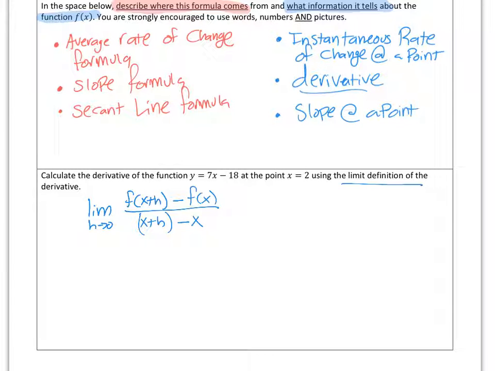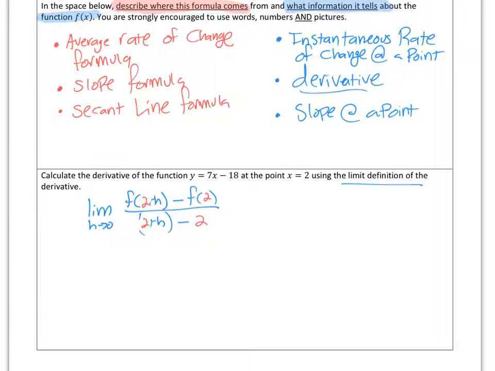We knew that the x value was 2, so we replace all of these x's with 2 because the x was 2 in the original problem. So 2 plus h minus f of 2 over 2 plus h minus 2.